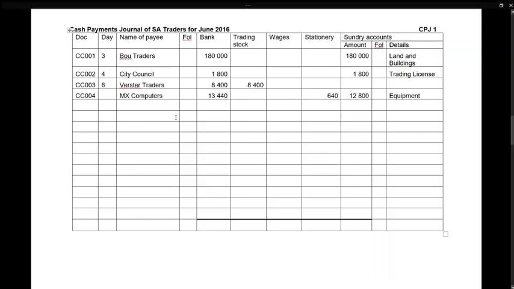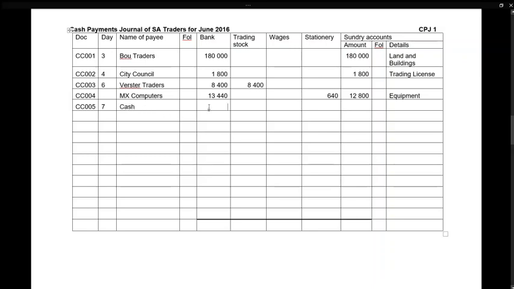Right, so this will be check counterfoil 005. It took place on the 7th. We didn't pay any specific person or place that they gave us a name, so therefore we are allowed to use cash.